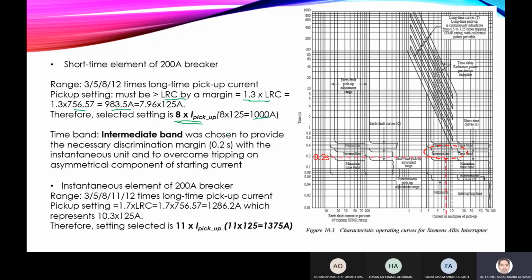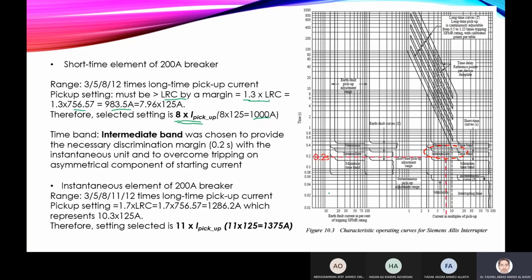Now, how do you choose the setting for the time settings? Normally we set this one to have a 10 cycle delay. One cycle is 20 milliseconds, so this is roughly 0.2 seconds delay.